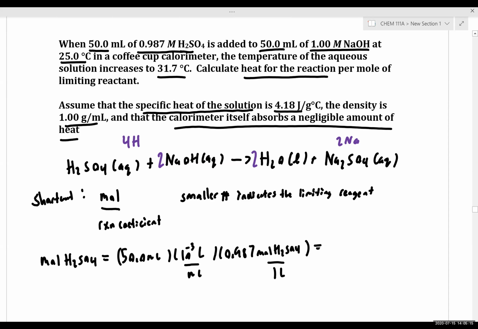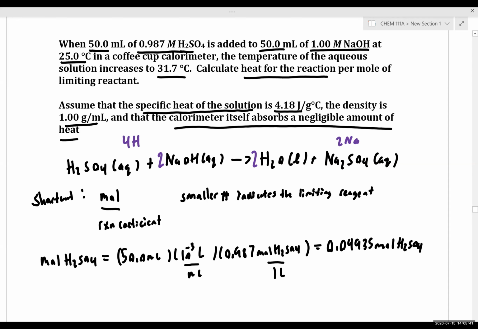So punching that into the calculator right now, we have 50 over 1,000 times 0.987, and that in turn gives us 0.04935 moles of sulfuric acid.